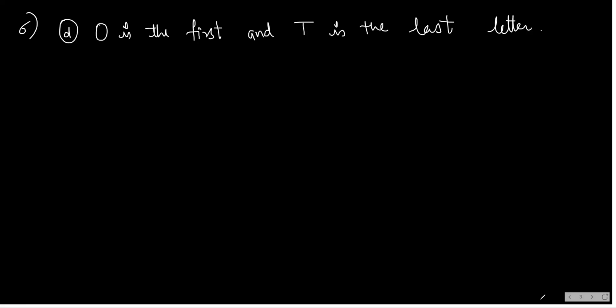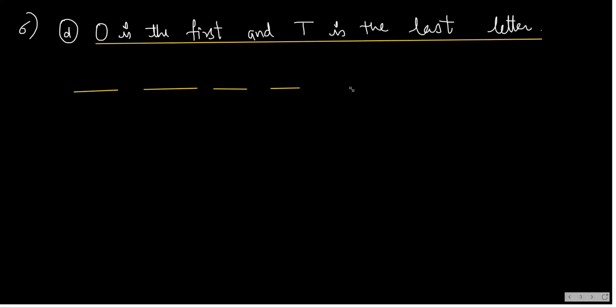See students, now the last one is they're saying that O is the first and T is the last letter. Total how many letters are there? 9. 1, 2, 3, 4, 5, 6, 7, 8, 9. And don't forget what you have to do. The given word was algorithm.